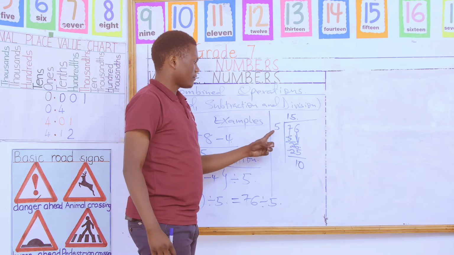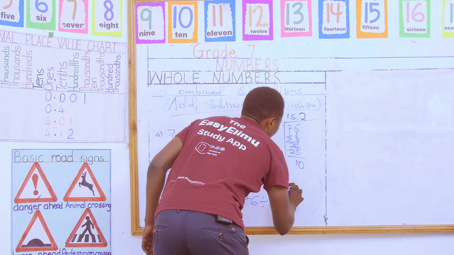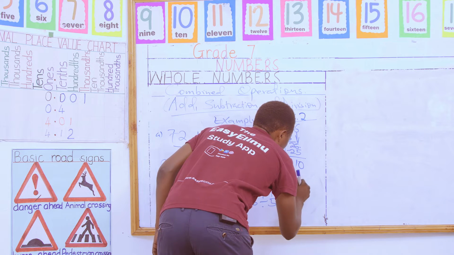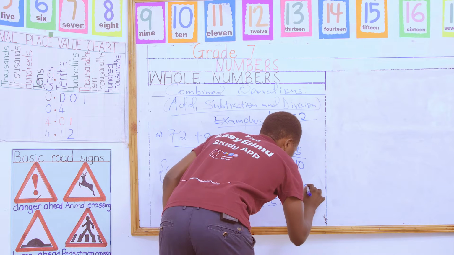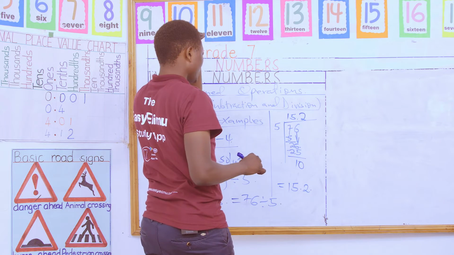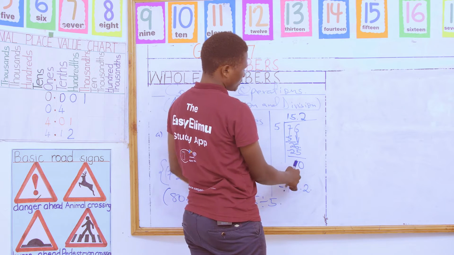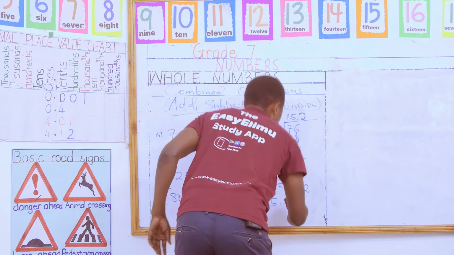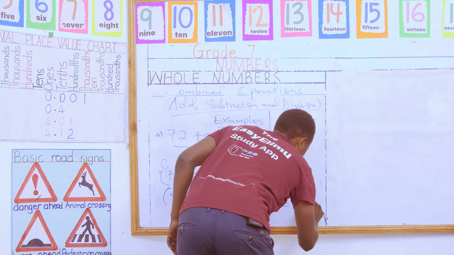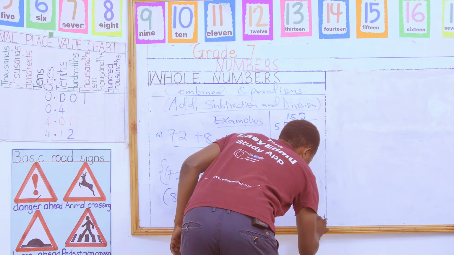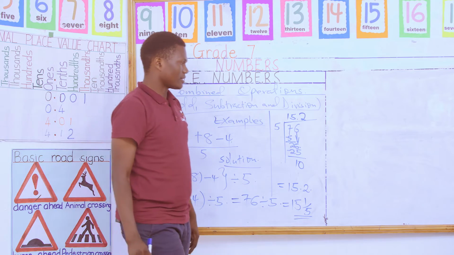Now we have 10. 5 goes into 10 how many times? 2. So therefore our quotient is 15.2. Or you can alternatively stop at this point and just write your answer as 15 remainder 1 over the divisor, and our divisor is 5. Both are correct answers.